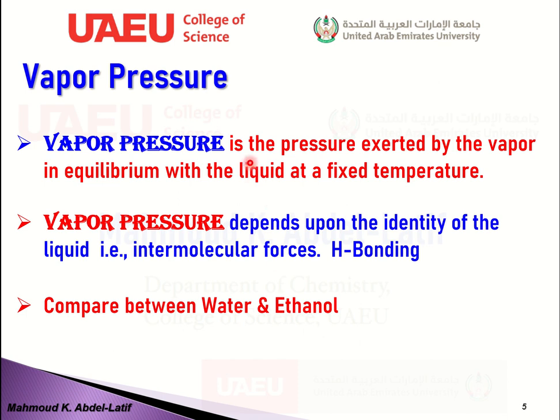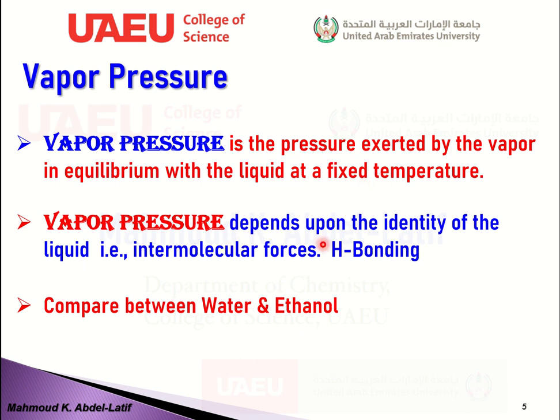The vapor pressure is the pressure exerted by the vapor in equilibrium with the liquid at a fixed temperature. Once you reach equilibrium, you can speak about the vapor pressure. It should be at equilibrium between the liquid and gaseous state at a certain temperature.